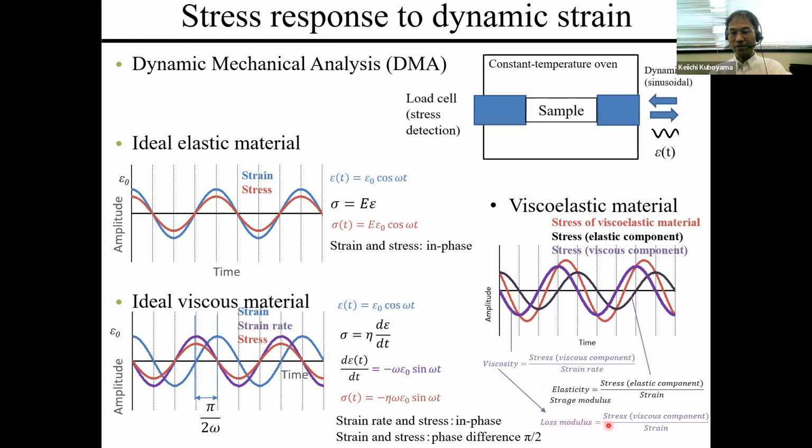Loss modulus is calculated from the stress of the viscous component over strain. So this one has the same unit as elasticity because these are stress over strain. But the component is different. This one comes from the elastic component, and this one comes from the viscous component. So this is called the loss modulus.